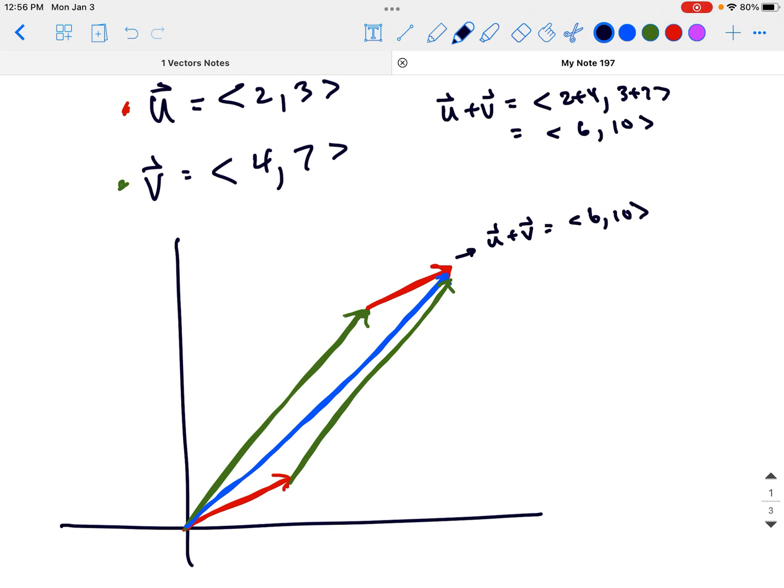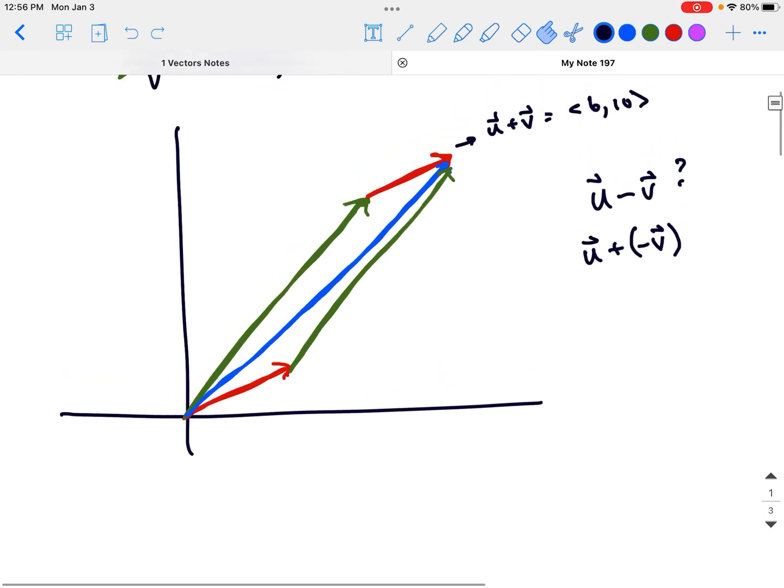So then the question is, well, what if I subtracted the vectors, right? So what if I had U minus V? Well, that would be U plus negative V. So U minus V is the same as U plus negative V. And so if you remember from last time, we talked about negative V being the vector in the opposite direction.